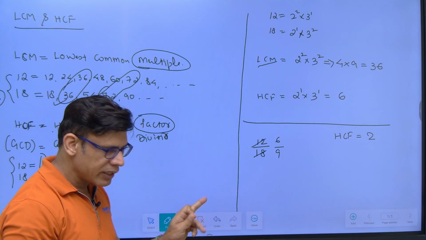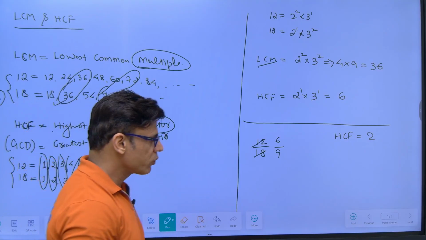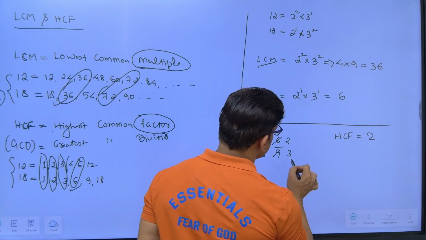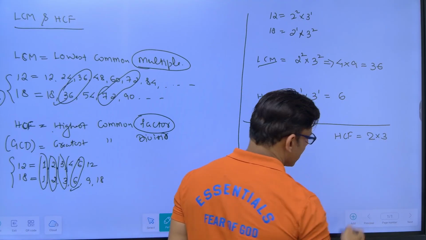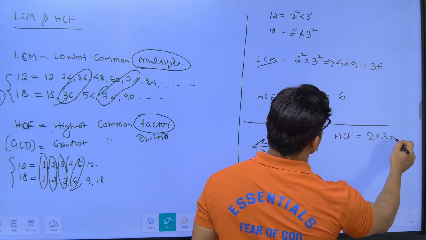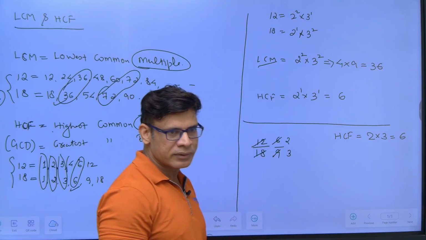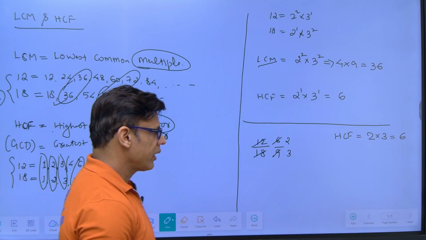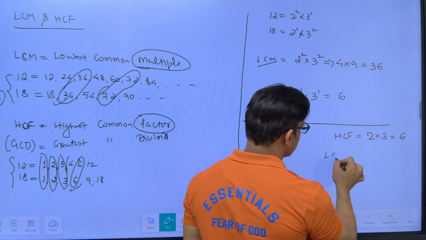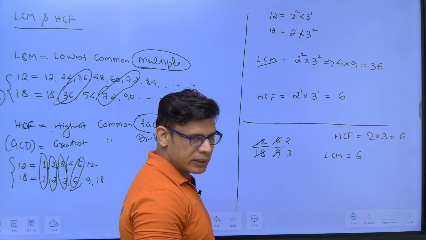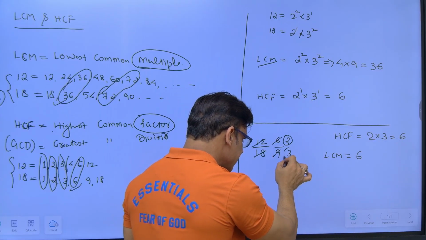Then can you further divide it? 3 twos are 6, 3 threes are 9. So you can divide also with 3. After that, can you divide? No. So therefore HCF is 6, since 2 threes are 6. As far as LCM is concerned, you write your HCF, 6, and then multiply the remaining numbers with it.